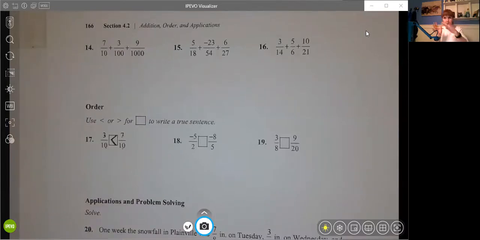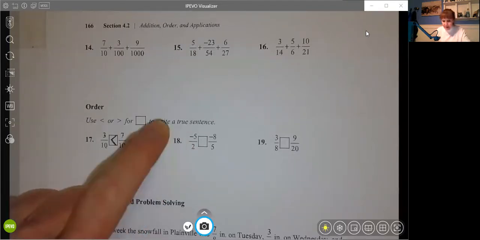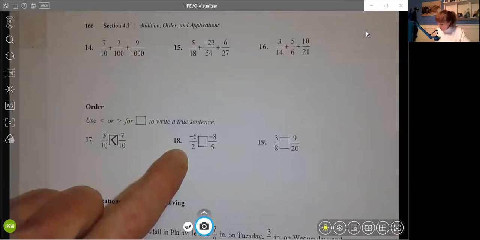Okay, so you have the open end towards the larger number. But now what about this second one? -5/2 and -8/5. What I would do is change these to a decimal. And how do you do that? Well, just take on your calculator 5 divided by 2. And when you do, you get 2.5.